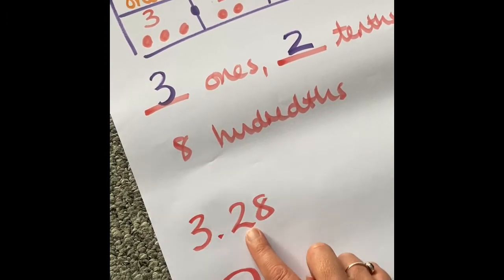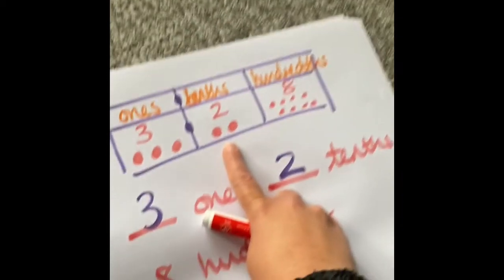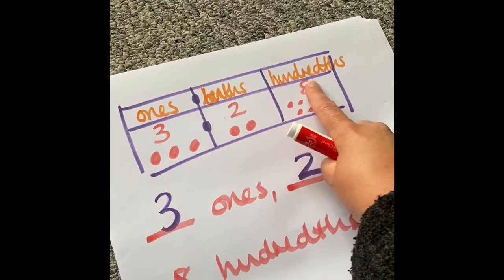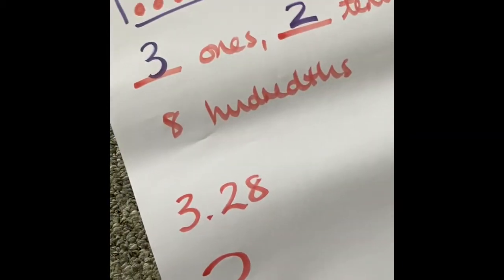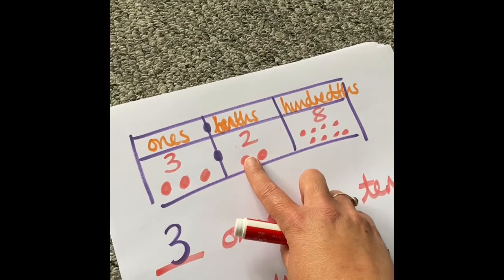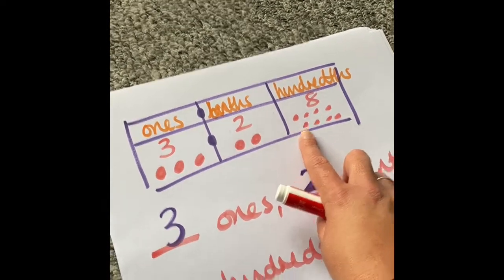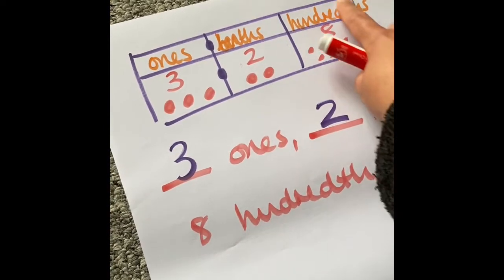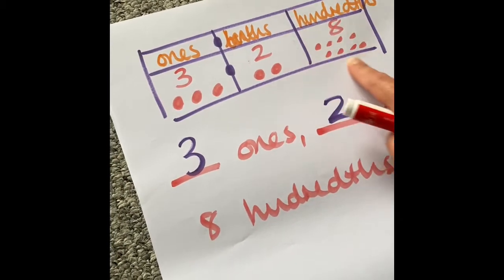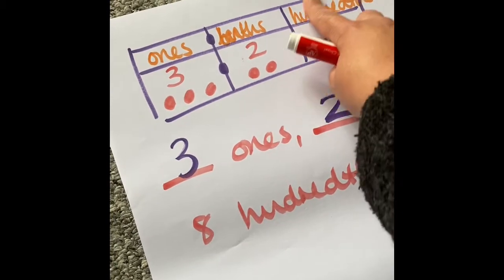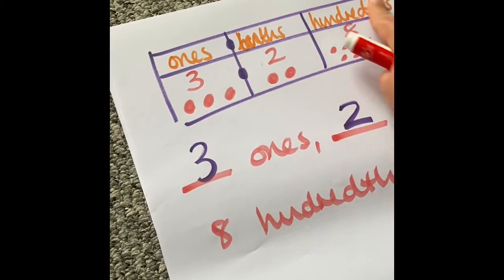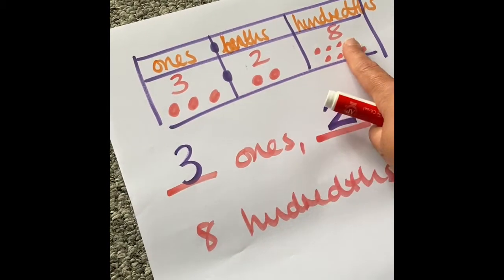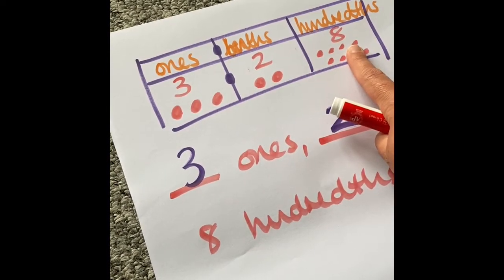An easy way is to go back to your representation up here and have a look at what columns you are using. Now, I wouldn't say 3 and 2/10 and 8 hundredths. I would go to the furthest one that I am using, and I'm using hundredths. So I know that I am using a 100 square because I need to put 28 parts in that 100.